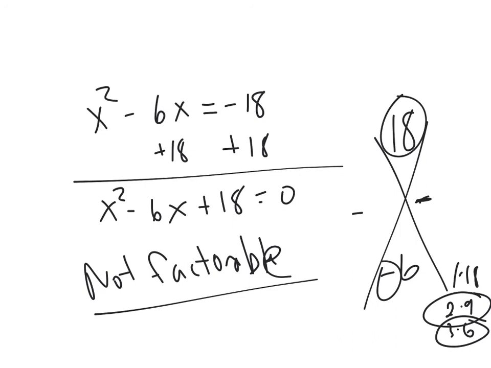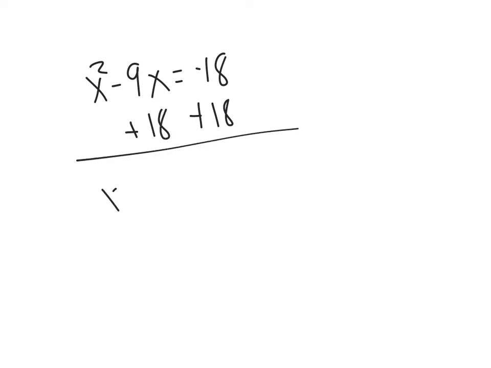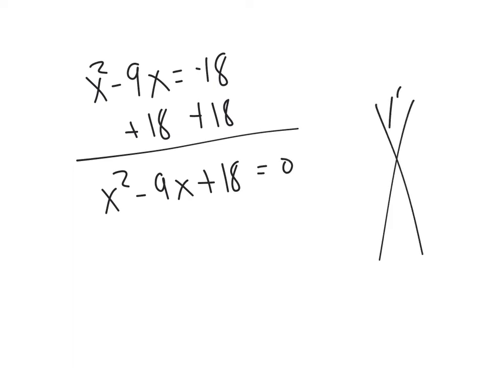What I should have done was put a -9 here, so let's do that. Let's go x squared minus 9x equals -18. So when I add the 18 this time, I get x squared minus 9x plus 18 equals 0. And so now it'll work, because that 3 and that 6, if I make them both negative, will give me the -9, won't they?